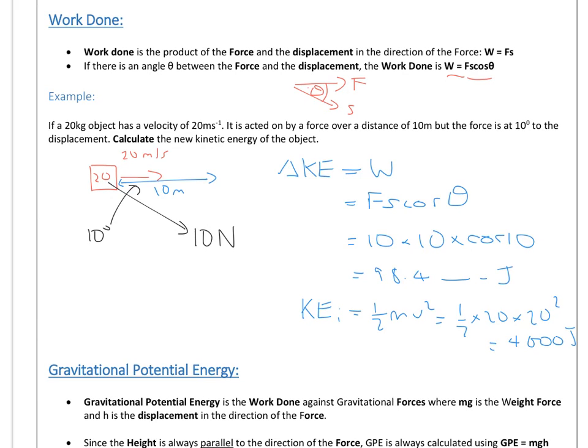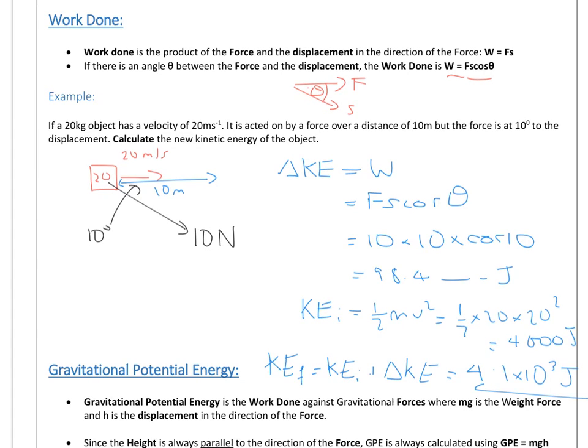The final kinetic energy is going to be the initial kinetic energy plus the change in kinetic energy, essentially adding those two numbers together. So it's 4,000 plus the previous part, which is 4,098, or 4.1 times 10 to the 3 joules, once we give that to two significant figures, like the information in the question.